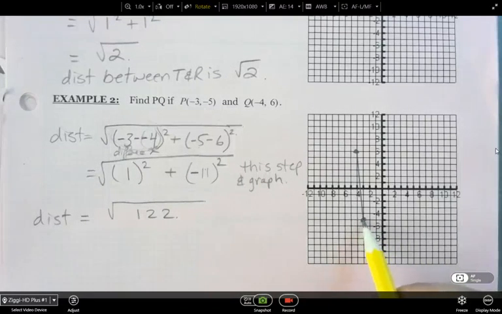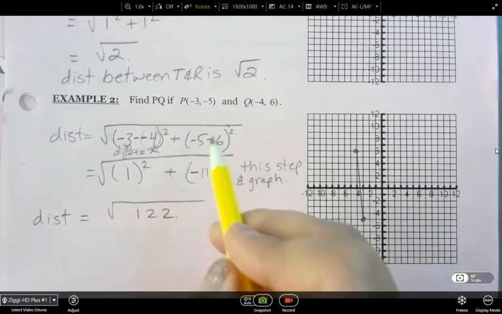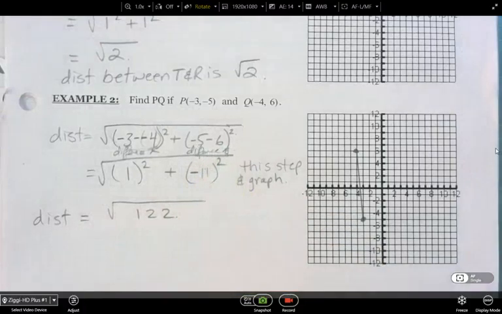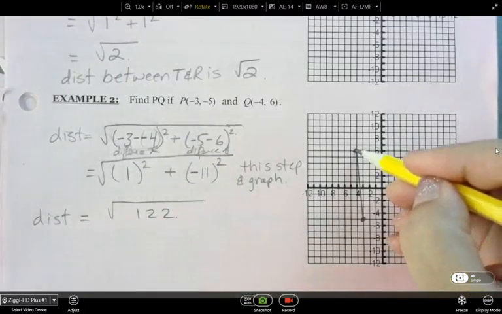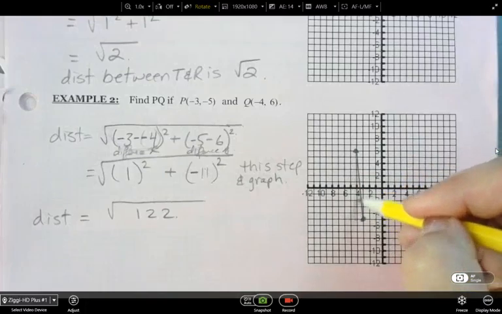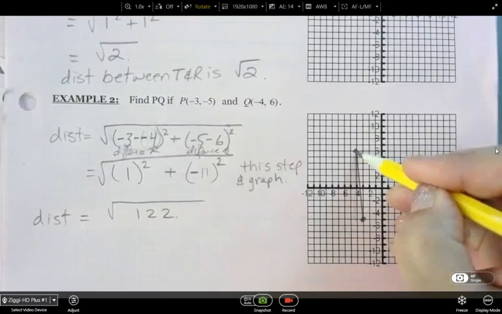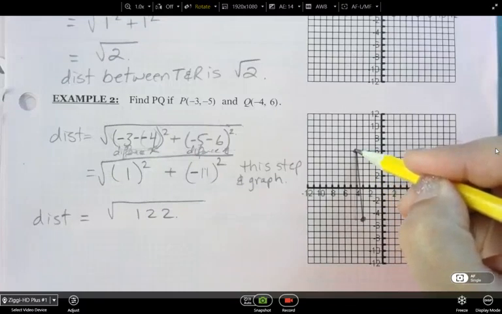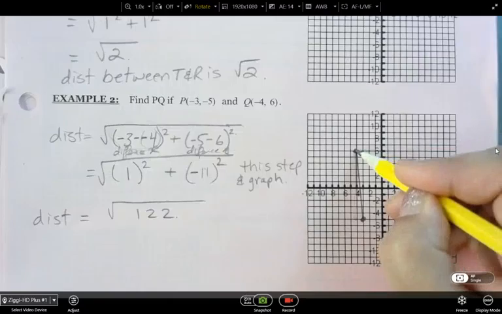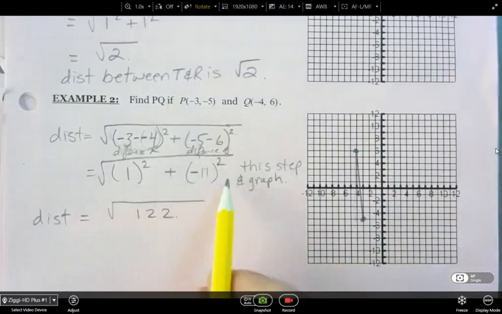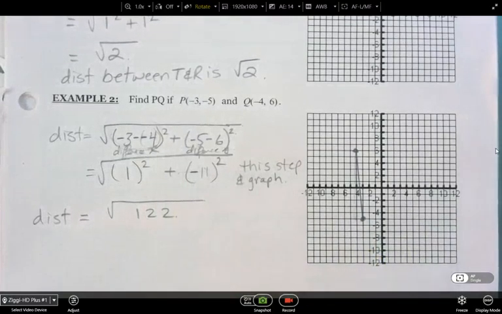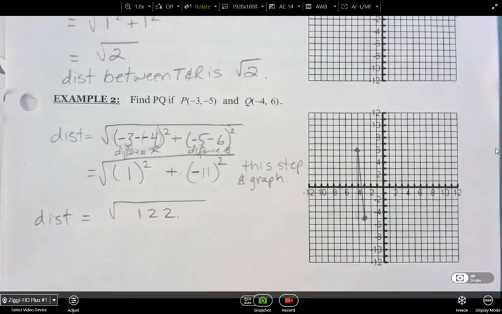We see that there's a difference of 1. And what is this here? This is the difference between the y's. So what do we see as the difference between the y values? If I were to count from here all the way up to here, how many units do I go? 11. Okay? So there's the direct connection to this part of the formula right here, to this part of our step, just to see if we're visually connecting this to this, to make sure we're on the right track. Okay? All right.